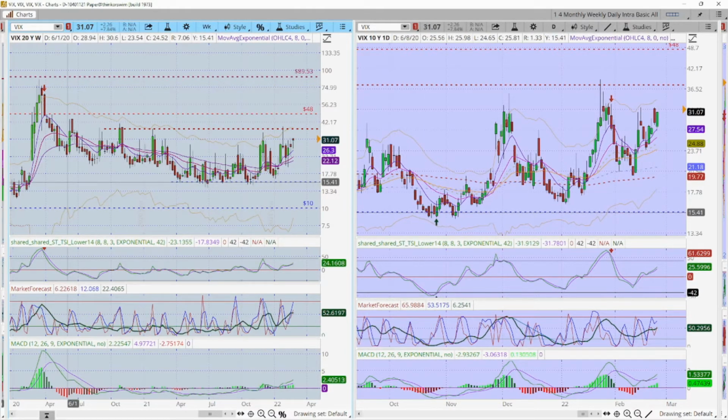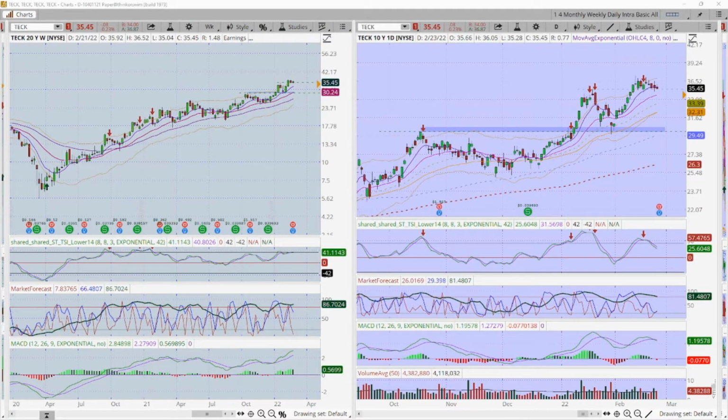So what about strongest stocks in a weak market? One of the things in finding them is you have to know what they look like. One of the stocks that we've been trading over the past half of the year is Teck, T-E-C-K.